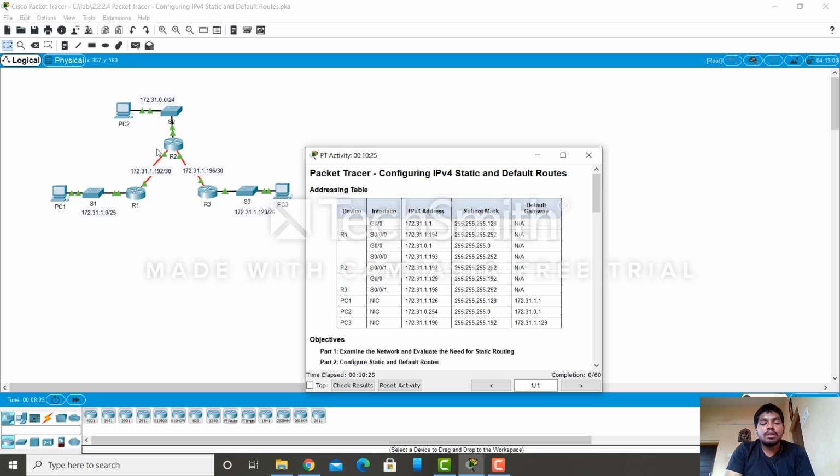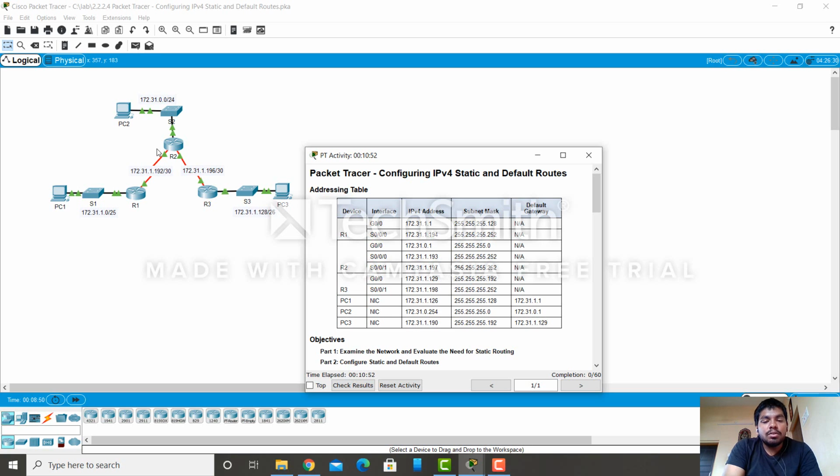And another interface is S0/0/1, IP address 172.31.1.197, subnet mask 255.255.255.252, default gateway N/A.